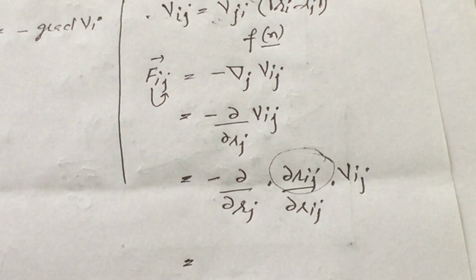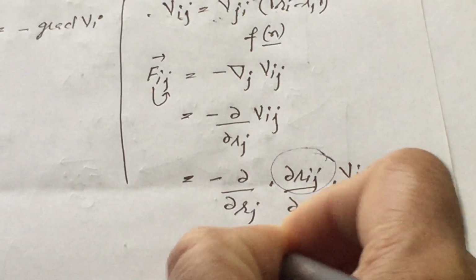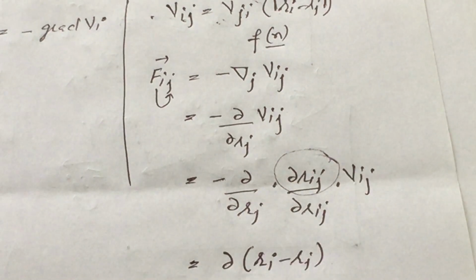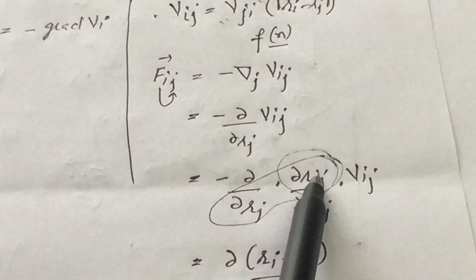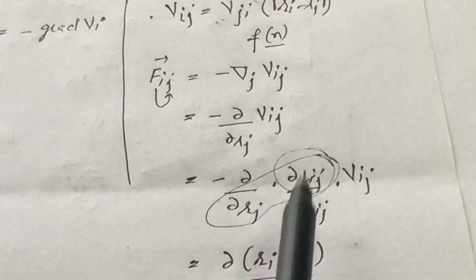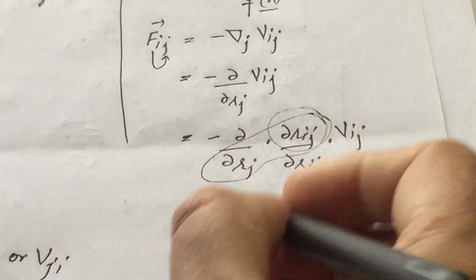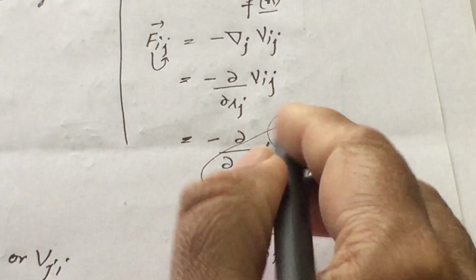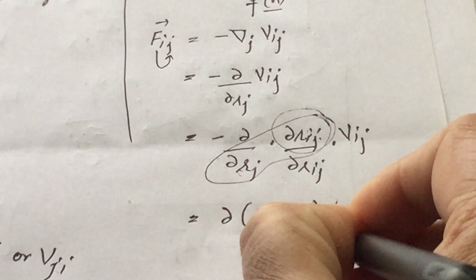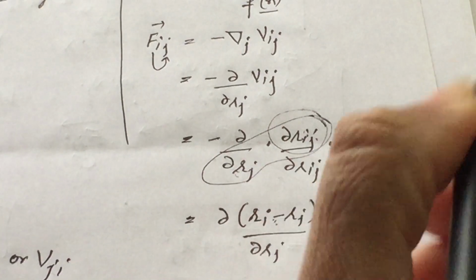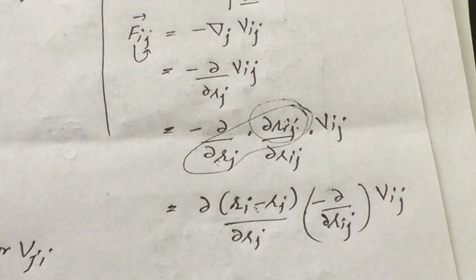This term is representing the distance between the ith particle and jth particle, and this term is representing the distance or displacement vector between these two particles. So we are taking these two terms together, and now we are left with the minus and the change in the displacement vector between particles i and j.